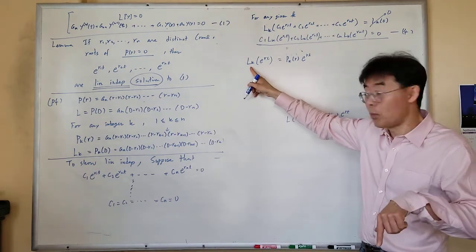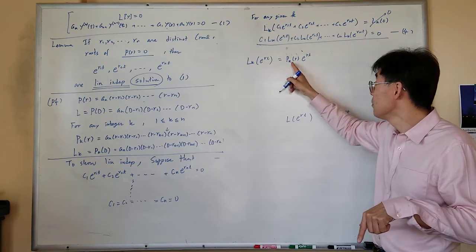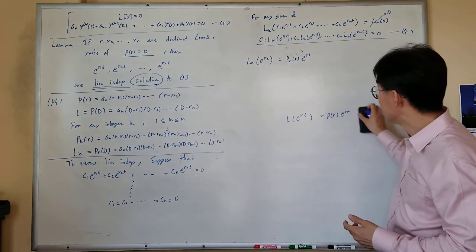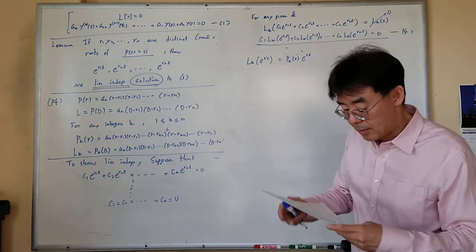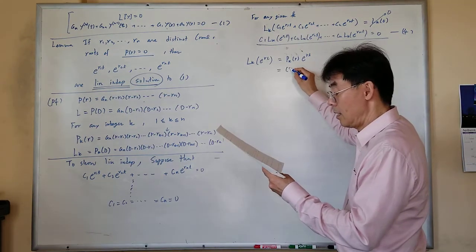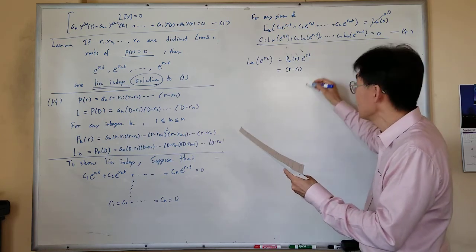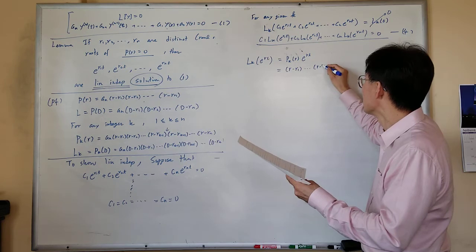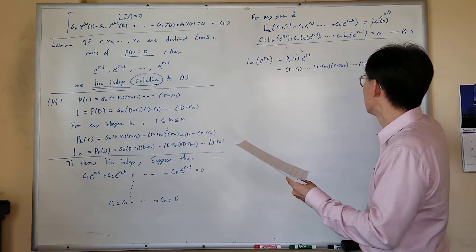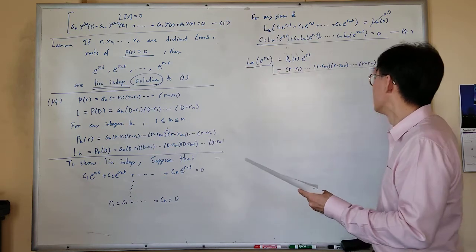This is an (n minus 1)-order differential operator. So L_k of e^(rt) will be P_k of r times e^(rt), which means (r minus r1) all the way to (r minus r_{k-1})(r minus r_{k+1}) ... (r minus r_n) times e^(rt).